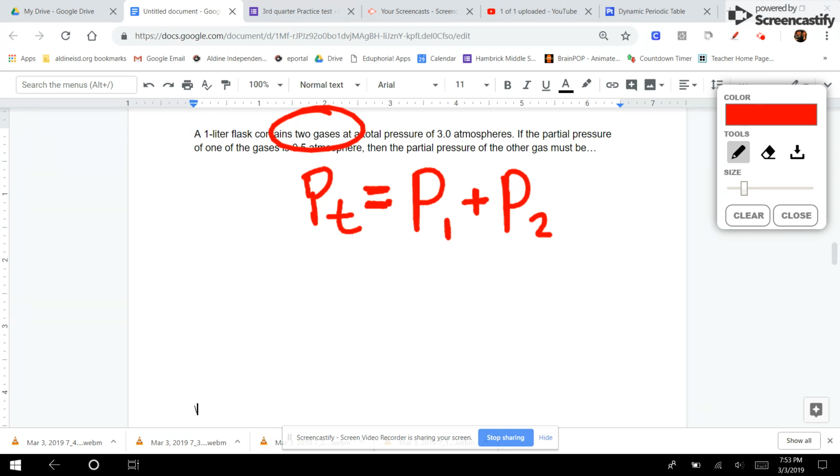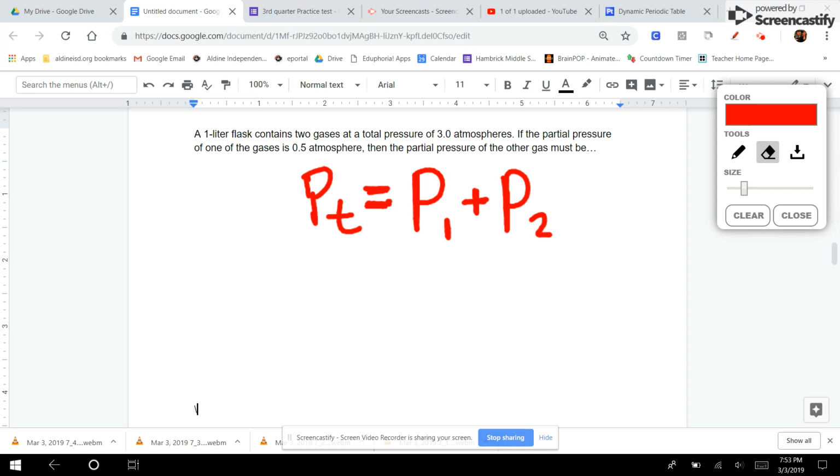For Dalton's law problems, you have to write down the formula according to how many gases you have. So it says that one of the gases is 0.5 atmospheres, and then the total pressure is 3, and the partial pressure of the other gas must be. So that means I'm calculating one of the partial pressures.